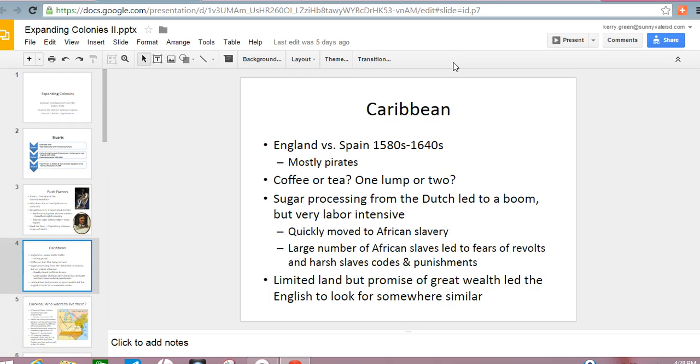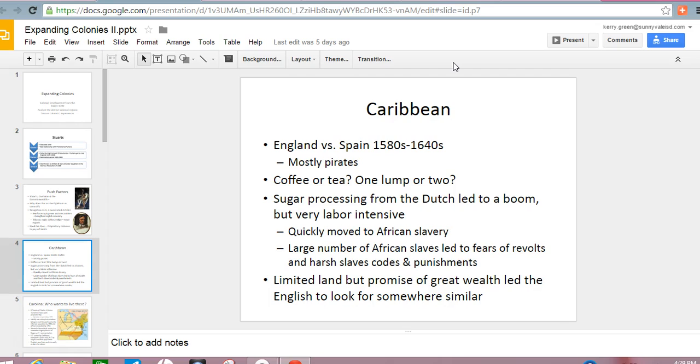This leads to what will be the classic American slave system, especially for the colonies in the deep south, where you're looking at a large number of African slaves with a very small number of white owners and merchants. And so you're going to end up having the development of laws and rules to control the slave population. That's a direct result of this population imbalance.